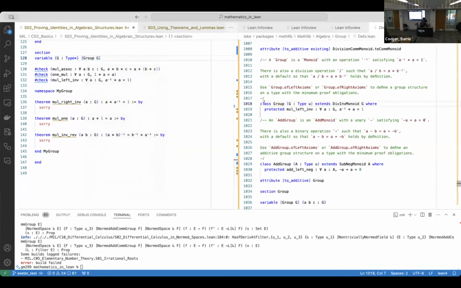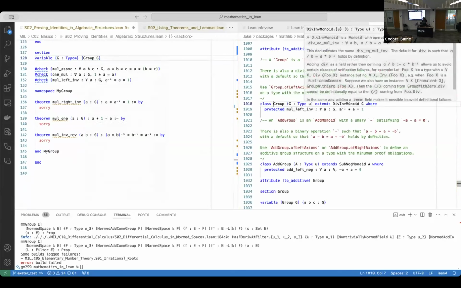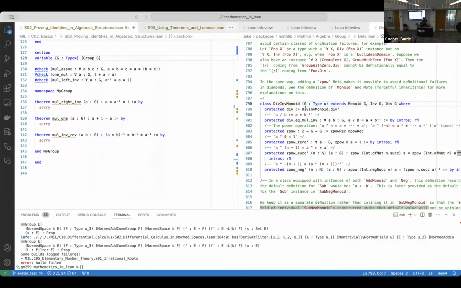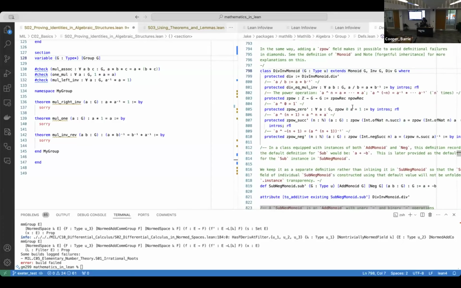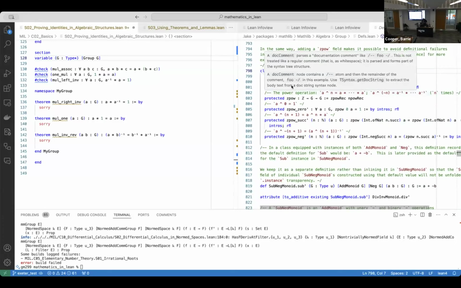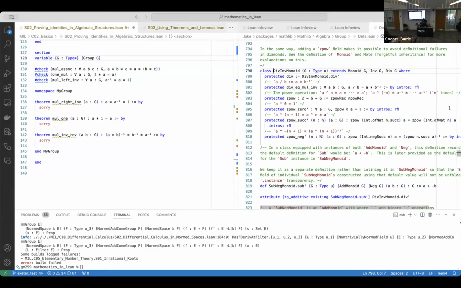So if we look at the definition of a group, a group is a class of objects, and it says here that it extends div in monoid G. So let's see what that is. Okay, so this is div in monoid G, which extends monoid G in G div G. So we've got, well, these things are actually proofs of results that we've got.